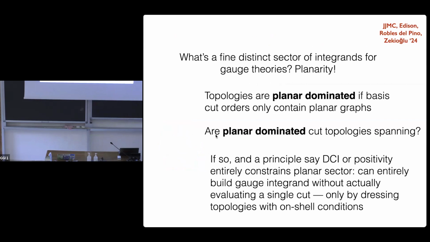But I can describe their contributions in terms of the basis data doing planar stuff. And so the question we're asking is, are planar dominated cut topologies spanning for my entire integrand? And if so, then a principle like dual conformal invariance or planarity is enough to establish the integrand entirely without ever sewing trees together at all.